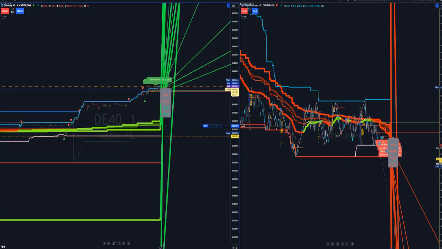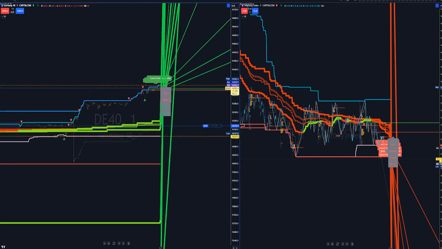We have higher highs, we have higher lows, we have rising POCs, we have rising support and resistance levels, and each time DAX is making a bearish move, the volume is also at the same time going down, right?